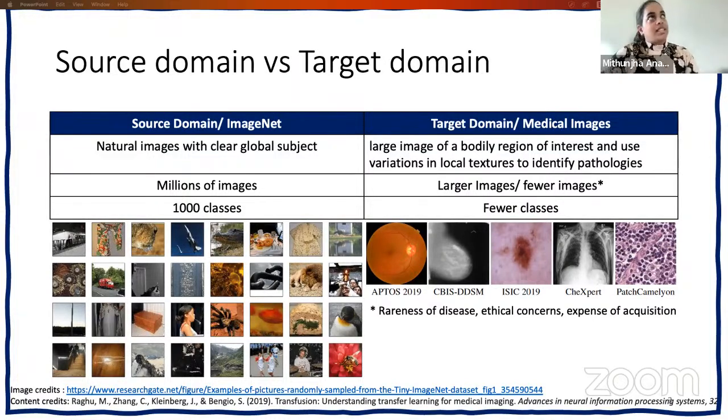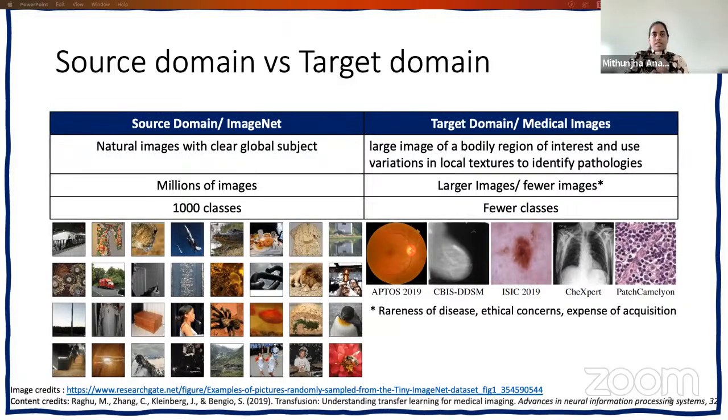Since the data set in the target domain is small, we train a model on ImageNet, which has 1.2 million images, and we try to fine tune it on medical images. In the medical domain, the data size could be from 5,000 to some hundreds of thousands, but in the source domain, ImageNet, there are 1.2 million images. That is why transfer learning is quite popular in the medical domain.